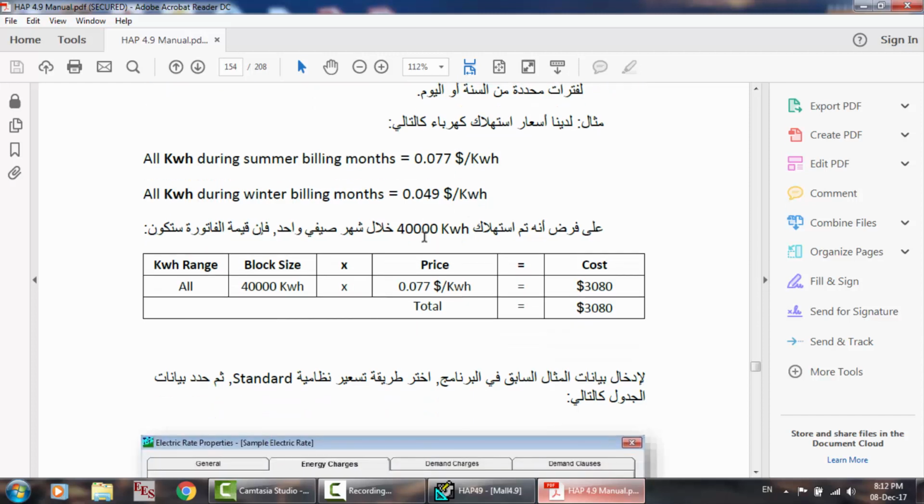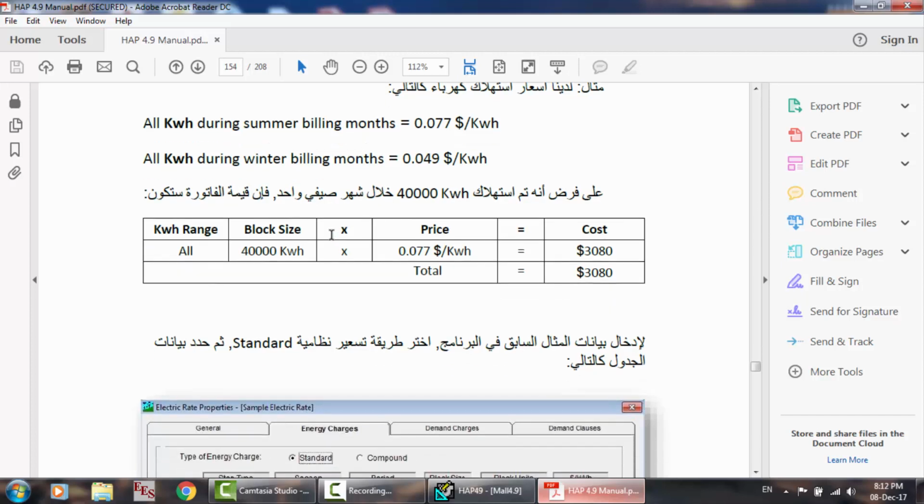Suppose that you will consume 40,000 kilowatt hours during the summer. HAP will do this: the block size of 40,000 kilowatt hours multiplied by the price per kilowatt hour, and you get the total cost.